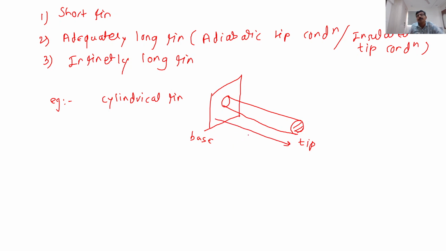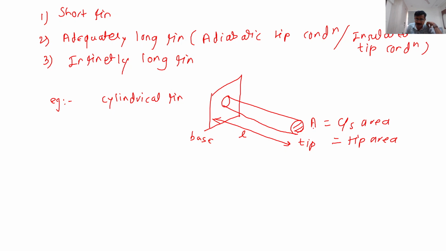And base to tip distance is called the length of the fin, denoted by L. Now perpendicular to the length, the cross-sectional area A is considered. Remember, it is always perpendicular to the length of the fin. So naturally, the cross-sectional area automatically becomes the tip area.